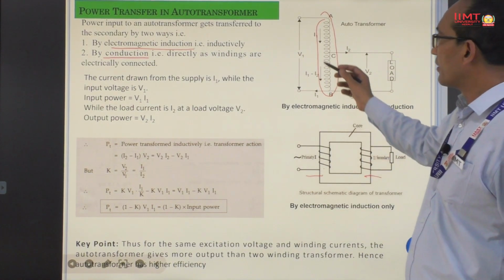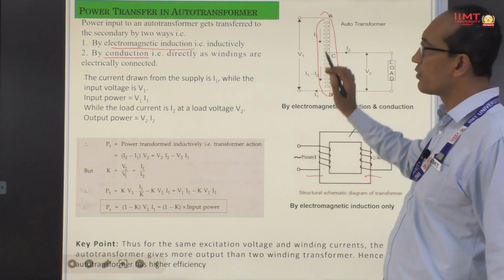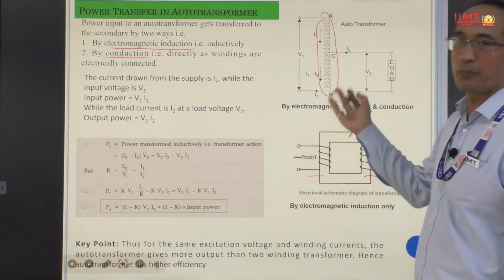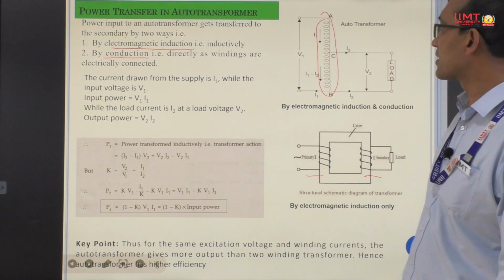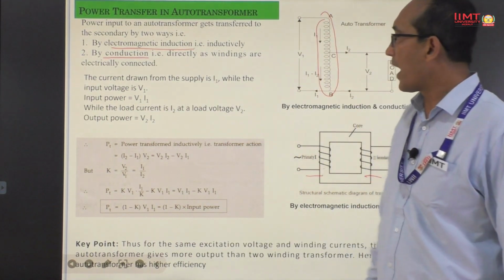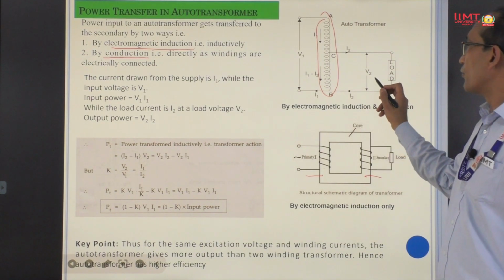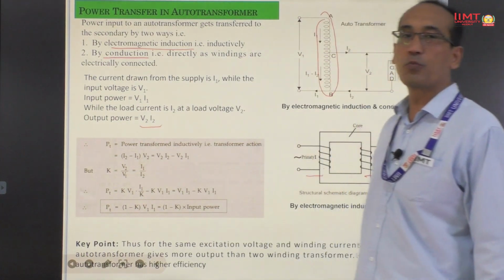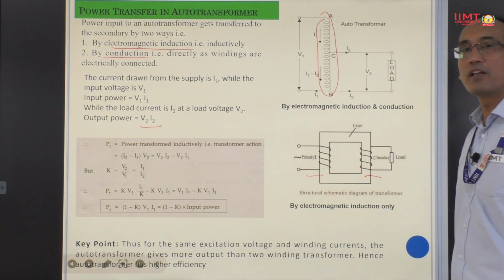And we know the voltage on the primary side is V1 and the current on this side is I1, just like in the previous case. So input power will be V1 I1 and output power will be V2 multiplied by I2. This is the output power, or power on the secondary side.